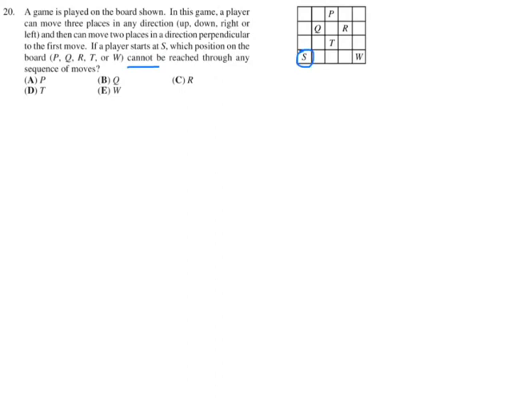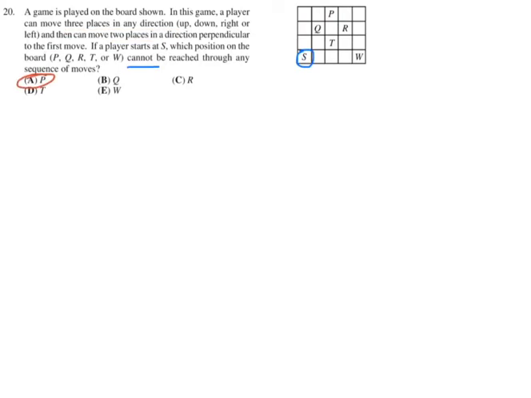All right, let's see one at a time where we can go. So we start at S, move 3 places in any direction. So let's go 3 places up. 1, 2, 3. Then move 2 places in a direction perpendicular to the first move. So 1, 2. So I reach P. So P I can reach. Great.